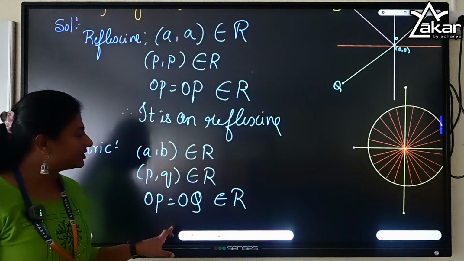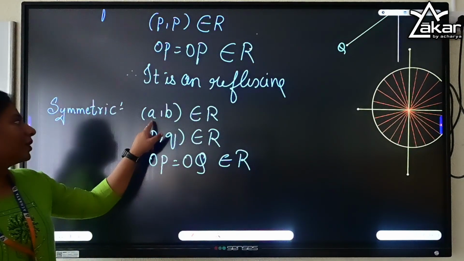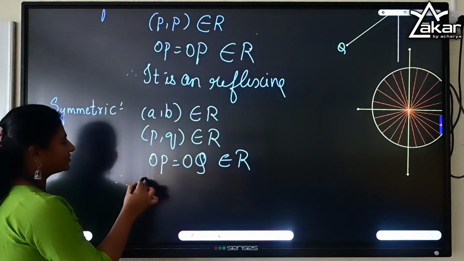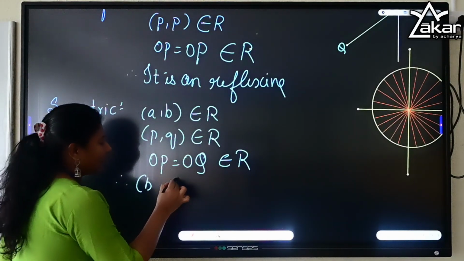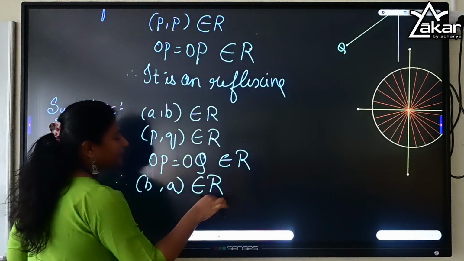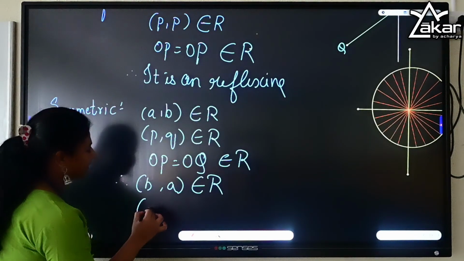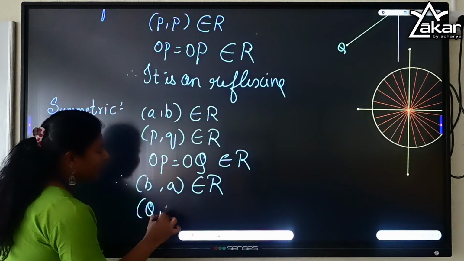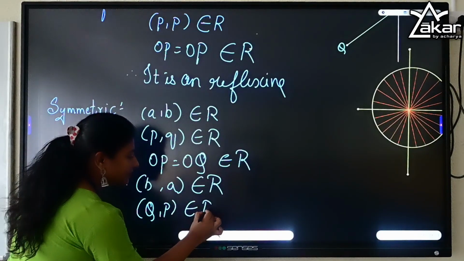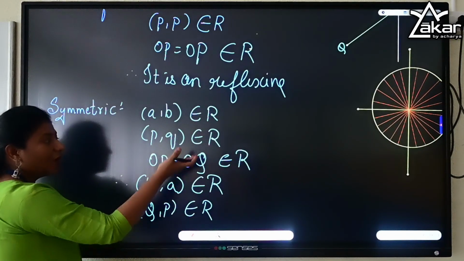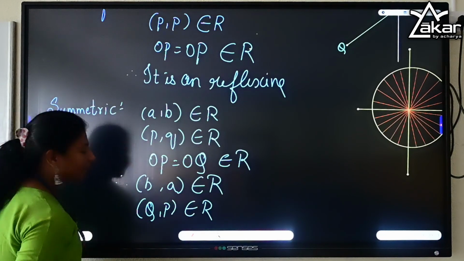So the first condition has been proved. If (A, B) belongs to R, then obviously (B, A) also belongs to R. If (B, A) belongs to R, we can say that (Q, P) also belongs to R. If (Q, P) belongs to R, it means OQ is equal to OP only.